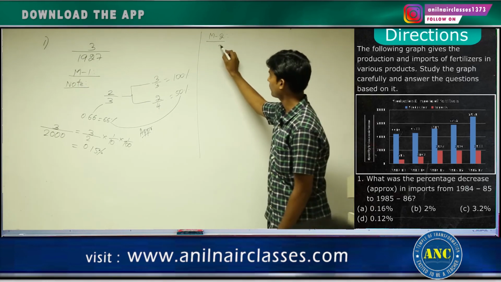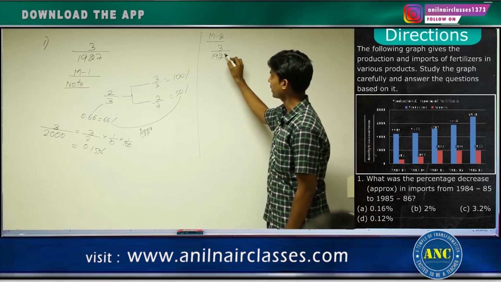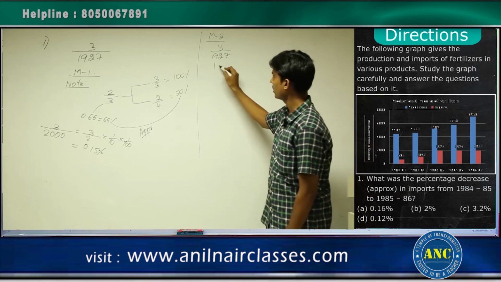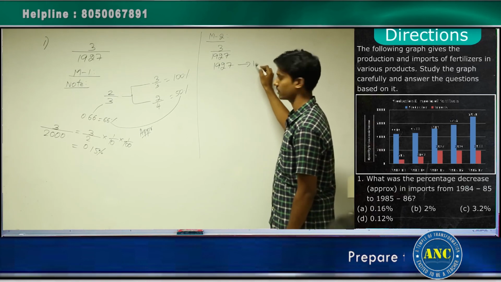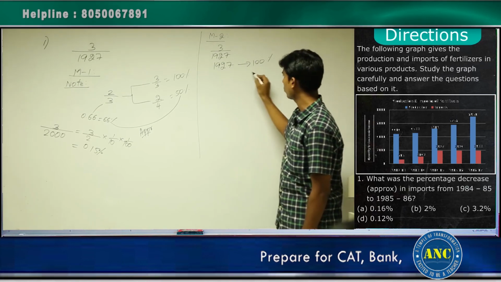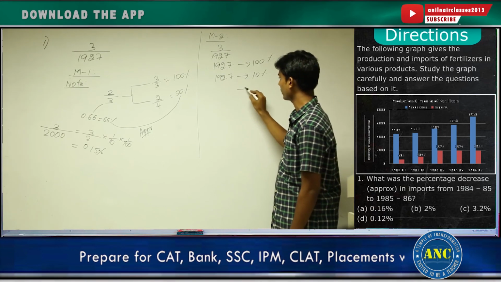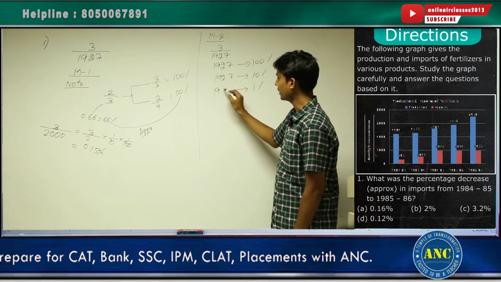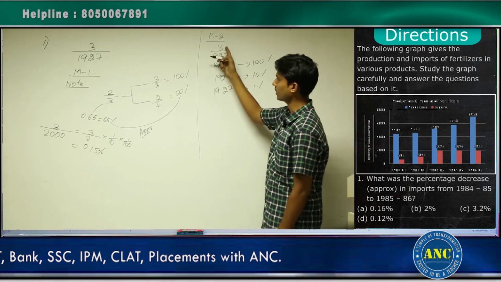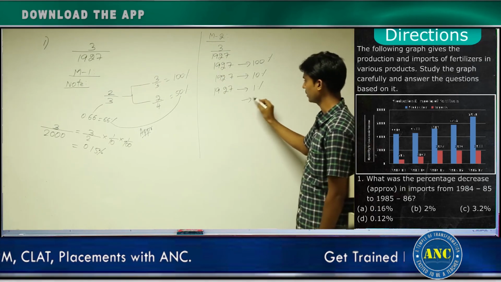Please see here. What is the fraction that I need to find? 3 by 1927. Let me call this 1927 as 100%. Same logic as what we discussed. What will be 10 percentage? 192.7. What is 1 percentage? 19.27. But I don't require 19, I require 3. Further condense it.